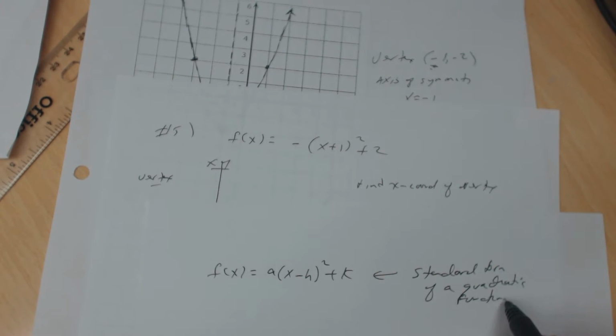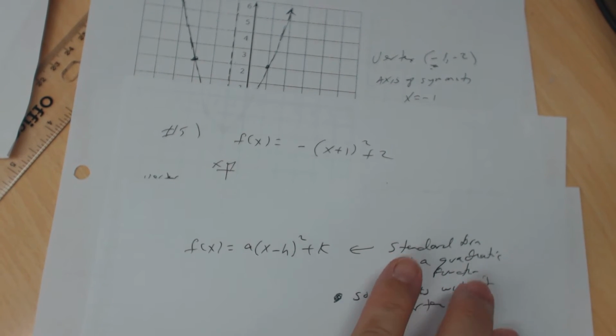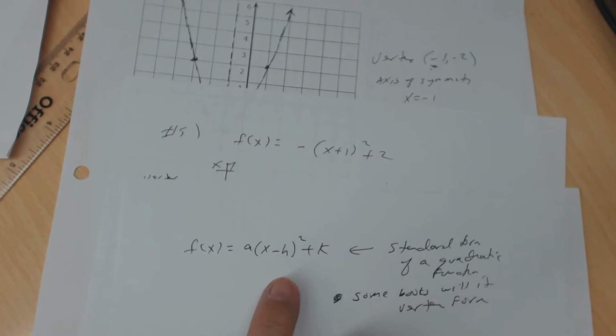Sometimes it's called the vertex form. Some books call it vertex form, but your book uses standard form, so we'll call it standard form.